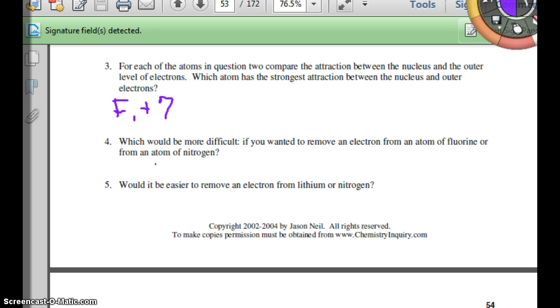The outer electron from fluorine feels a stronger force of attraction from the nucleus. So it would take more energy to remove an outer electron from an atom of fluorine than from nitrogen. So fluorine would be more difficult.